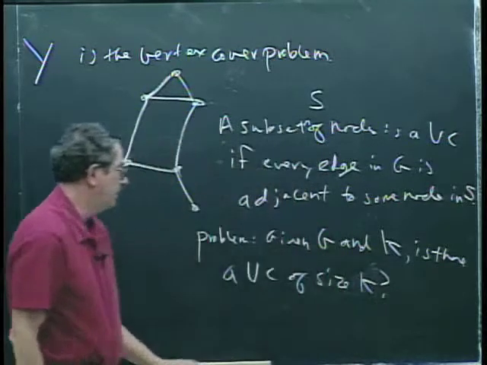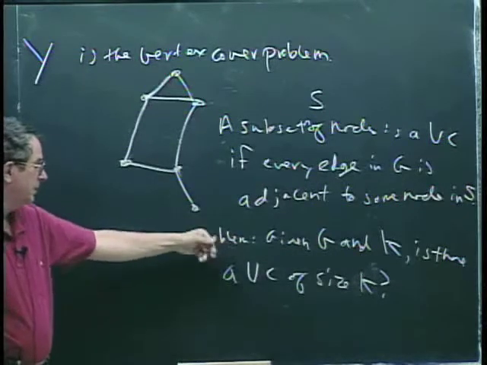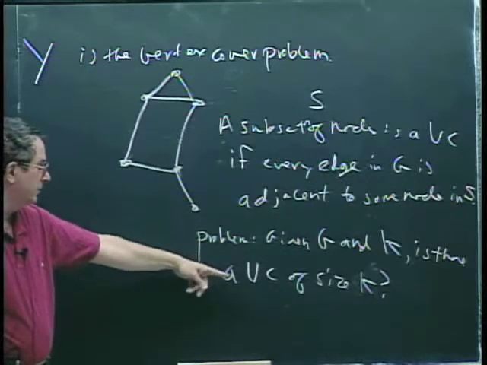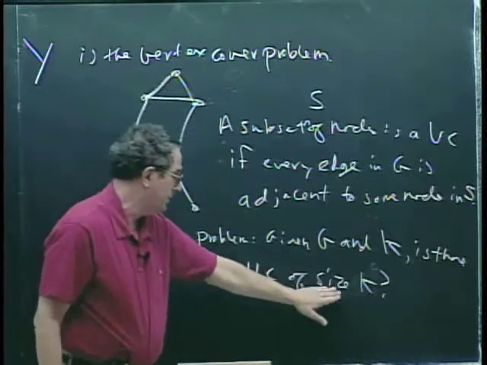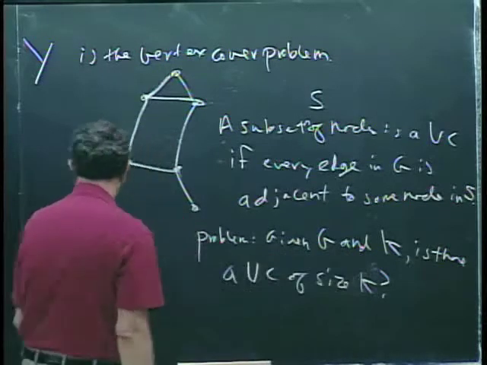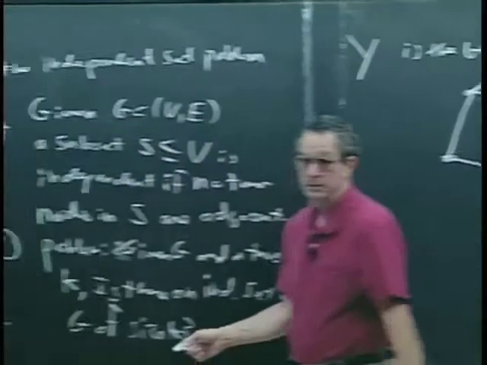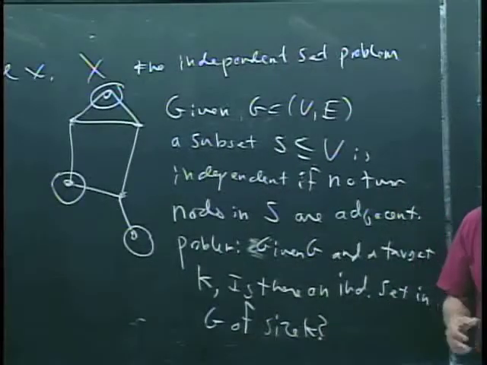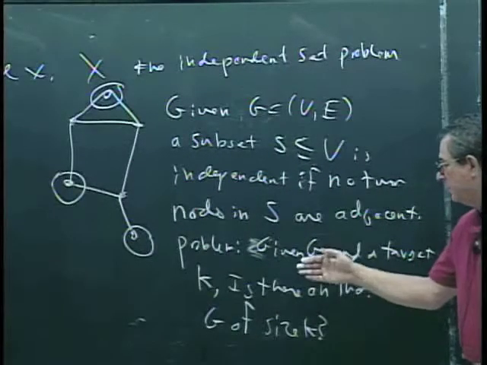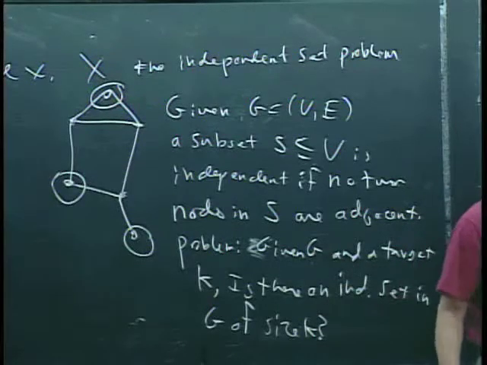Now, you can make both of these a little more suggestive by saying, for both problems, given G and K: is there a vertex cover of size at most K? And here, is there an independent set of size at least K? That's usually the way it's framed, just to emphasize the fact that you want big independent sets and you want small vertex covers.